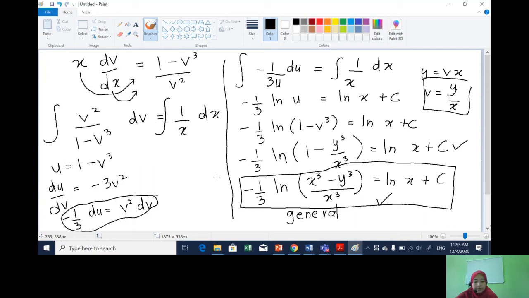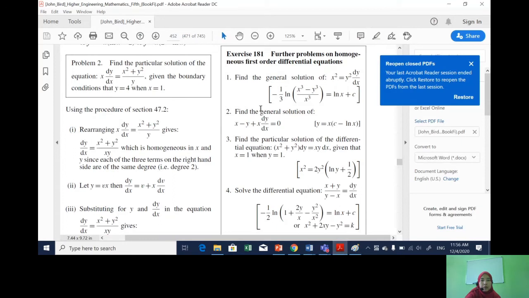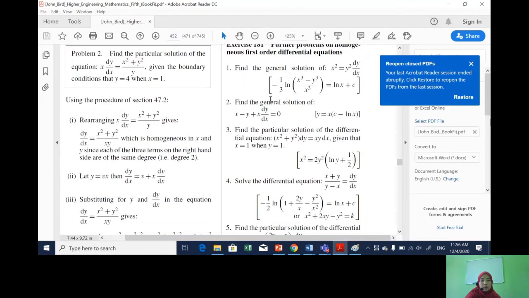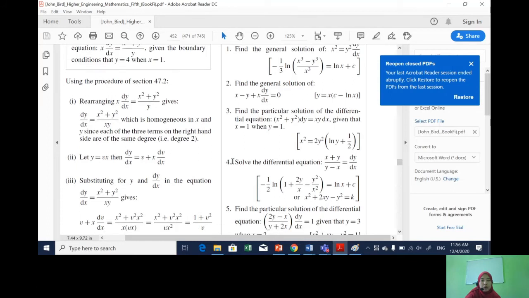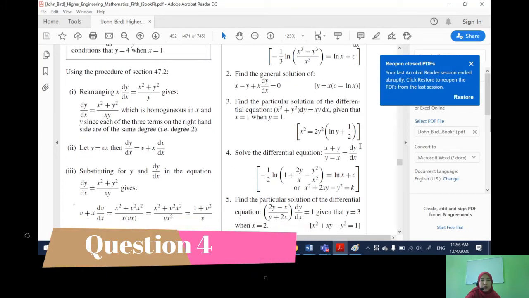Okay, so let's proceed to the other question. We have done question number 1. Let's look at question number 4. This is the original equation. Solve. There are no initial values given.